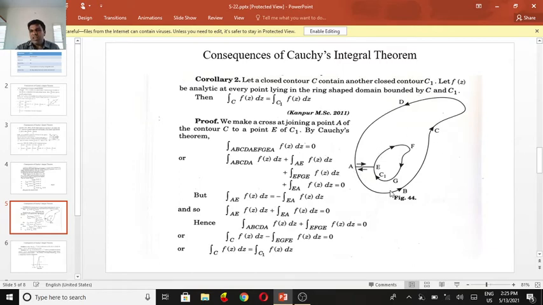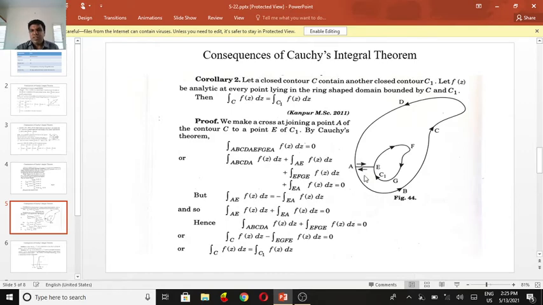That is, the integral of f(z) dz over A, B, C, D, A, E, F, G, E, A. This represents the integral over ABCDA of f(z) dz plus AE, f(z) dz plus EFGE, f(z) dz plus EA, f(z) dz.